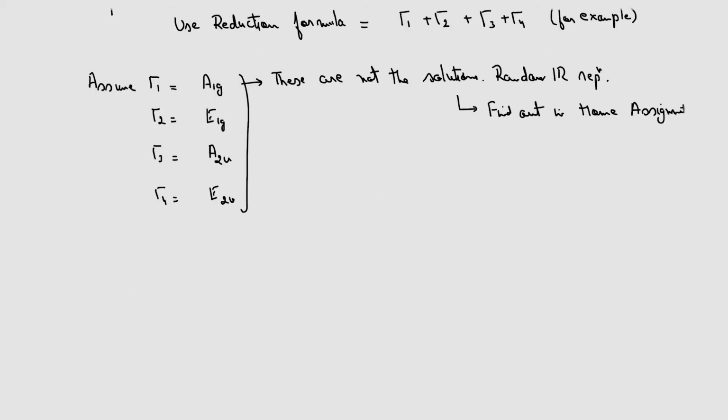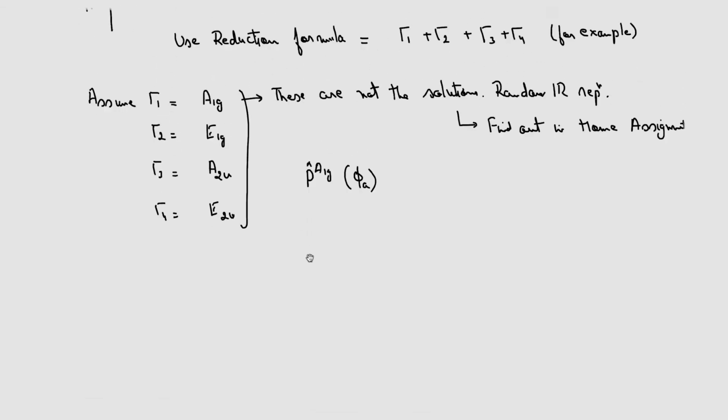Okay, so now what will be the next step? So the next step will be to apply the projection operator, right? Using any of these, A1G let's say, if you are taking A1G, let us do the incomplete projection operator. And what will be the projection operator applied on any of the phi A? Okay, now what was my basis set?